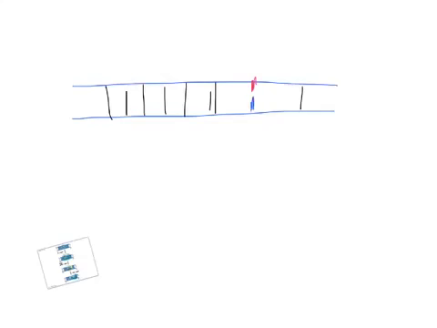Let me erase this part. So as DNA polymerase is producing new DNA, it will recognize that this base pair does not fit with this base pair, and will remove this base pair and bring in the right base pair so it matches up.